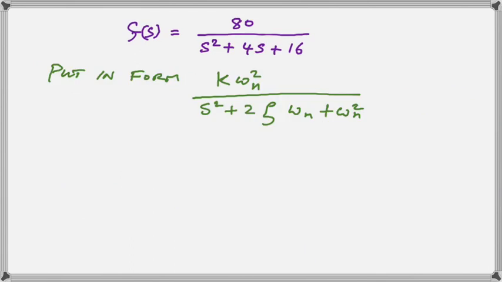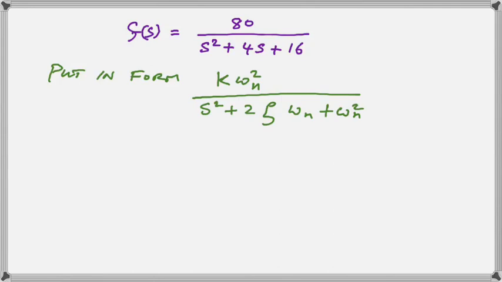Now, what we need to do now in order to say something about the performance specifications is to massage our transfer function into the following form. That number on the top is actually the gain multiplied by the square of the natural oscillation frequency. And the zeta, it's not drawn very well down there, in the middle term at the denominator, is our damping ratio, and the natural frequency figures promptly in the denominator as well.